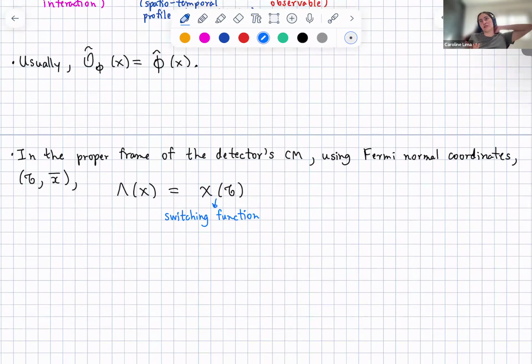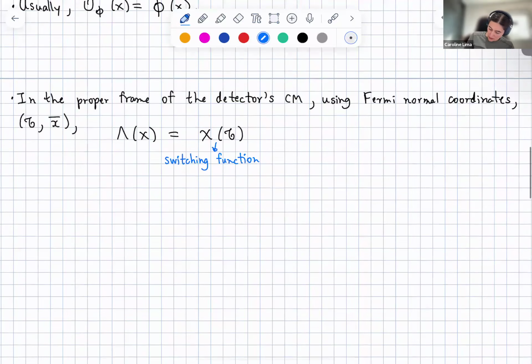And what the switching function is going to tell you is how long the interaction is going to last, and basically how you turn it on and how you turn it off, this whole time interaction profile.